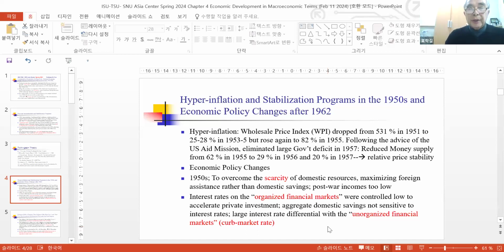So interest rates on the organized financial markets were controlled low. The reason is that most of the borrowers from the organized financial market are state enterprises.